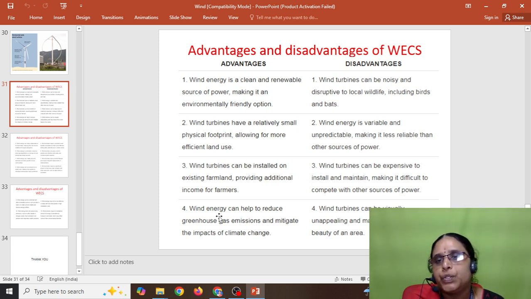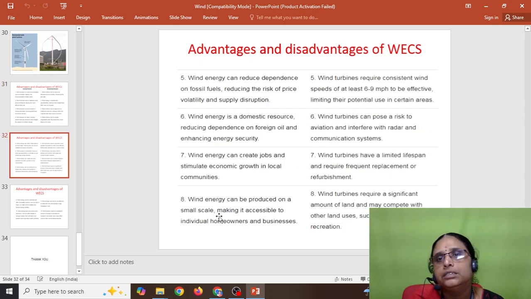Wind turbines can be visually unappealing and may impact the scenic beauty of an area. Wind turbines require consistent wind speed of at least 6 to 9 meters per hour to be effective, limiting their potential use in certain areas. Wind turbines can pose a risk to aviation and interfere with radar and communication systems.